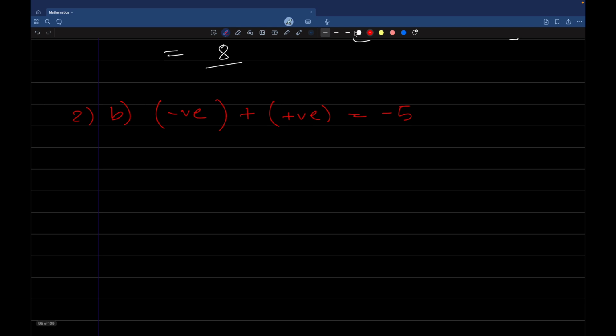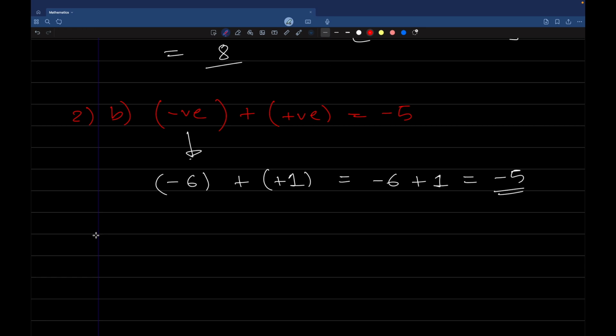So we have to find one negative. We can take minus 6 plus a positive, that is we can take plus 1, that is equals to minus 6 plus 1 equals to minus 5.